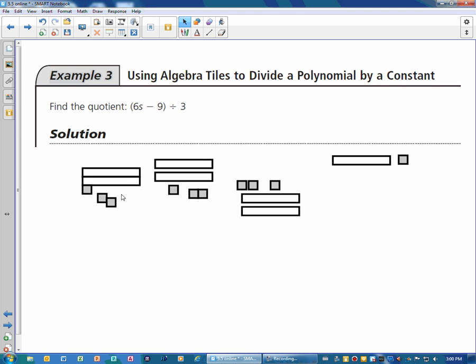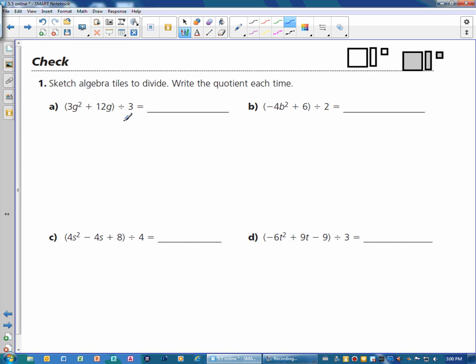So when I took the 6s minus 9 and divided it by 3, in the end, I ended up with 2s minus 3. Okay, so go ahead, pause right here, do the check with the algebra tiles, please, and then see if you have the right answer.